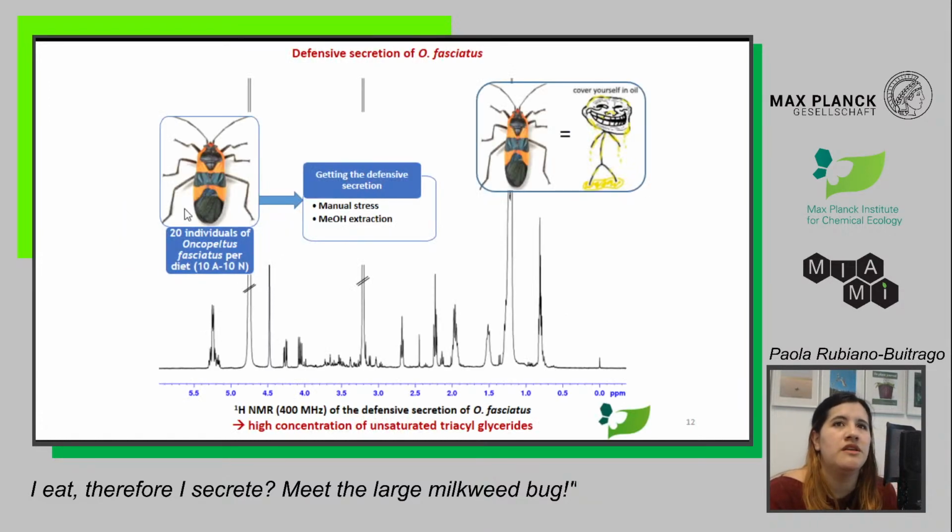So I picked some individuals, and through manual stress, I poke them and get these droplets out of them. And in an interesting finding, it turns out that most of that secretion is quite oily. It's made of unsaturated triacylglycerol. They basically cover themselves in oil, up to 20%, 24% in the case of adults, and 50% in the case of nymphs.